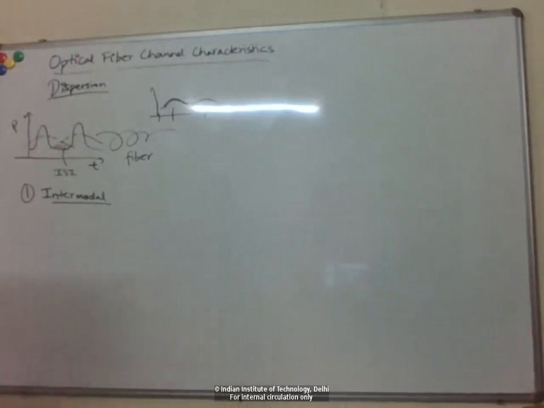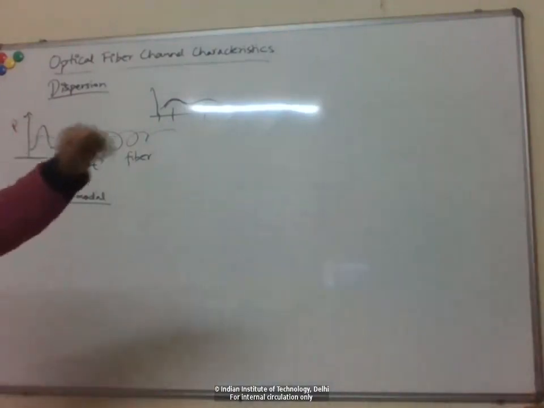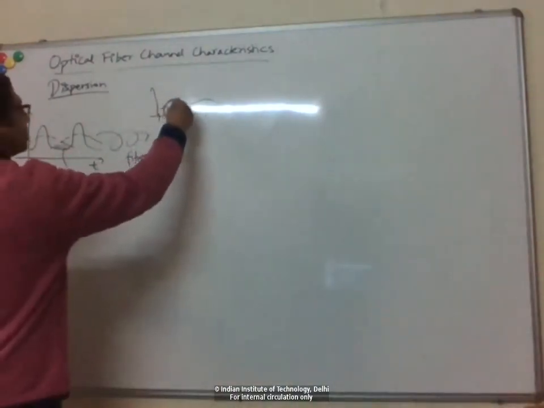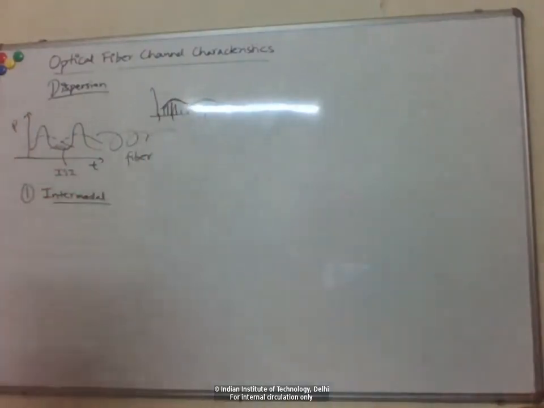These different modes in the fiber have different group velocities, so they travel at different speeds. Okay, so at the input, when you excite, you are exciting all these different modes, right? And all of them travel at different speeds, and at the receiver arrive at different times, which leads to spread.